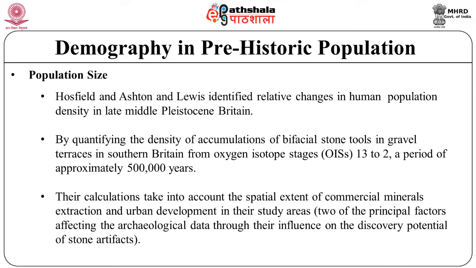Their calculations take into account the spatial extent of commercial minerals extraction and urban development in the study areas. That is, two of the principal factors affecting the archaeological data through their influence on the discovery potential of stone artifacts.